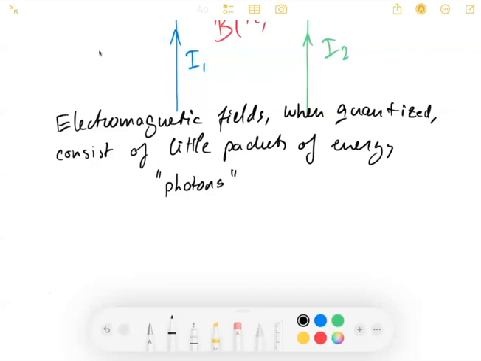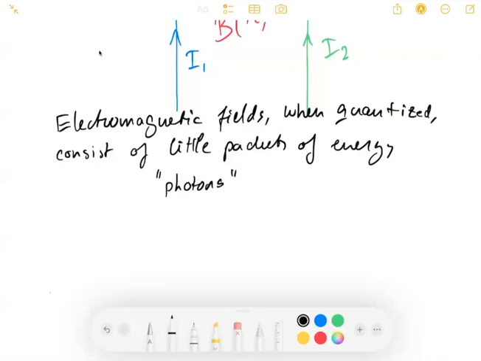Well, it means that once a magnetic field is created by some kind of an object, I can take another object, put it next to it, get the field that it creates, and we can just treat these fields independently because these photons don't collide, they don't step on each other's toes.